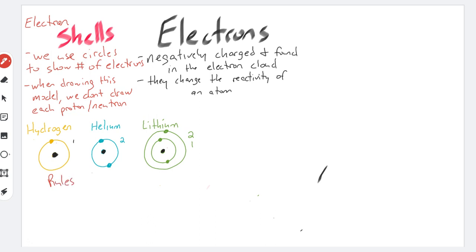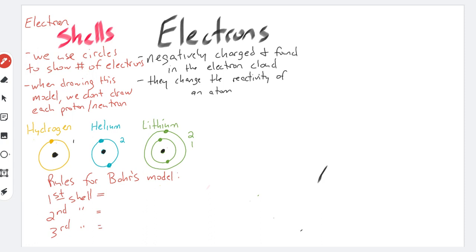All right, down here, some rules that may help. Rules for Bohr's model. I'm going to say first shell, second shell, and third shell. These little quotation marks just mean that it's the same thing as above.